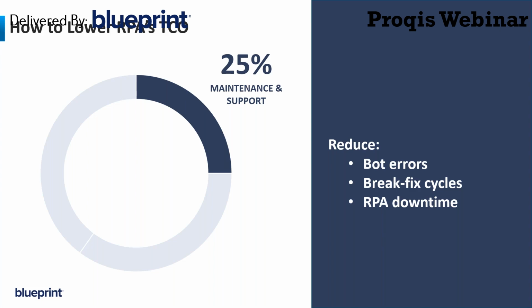But like we mentioned at the beginning of this webinar, there are simple design, planning, and governance principles that RPA stakeholders can implement right away to reduce these two heavy cost components that radically lower RPA's total cost of ownership while maximizing their returns. And that's exactly what we're going to show you right now.